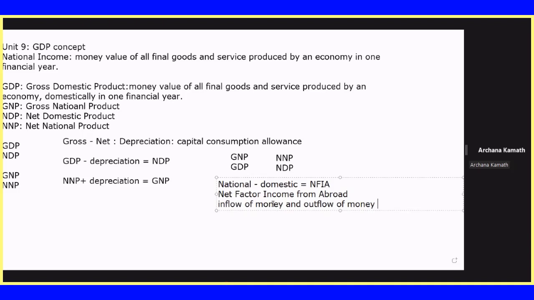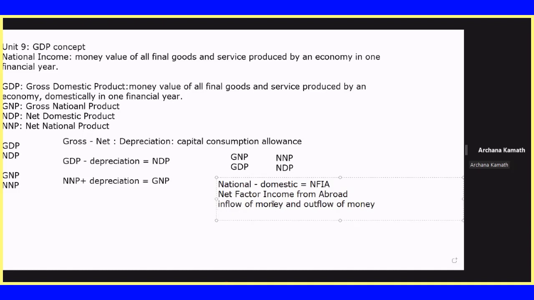That is inflow. Outflow is people inside our country who do not belong to our economy, making money and sending it to their home country. That is an example of outflow of money. So this difference is known as NFIA.